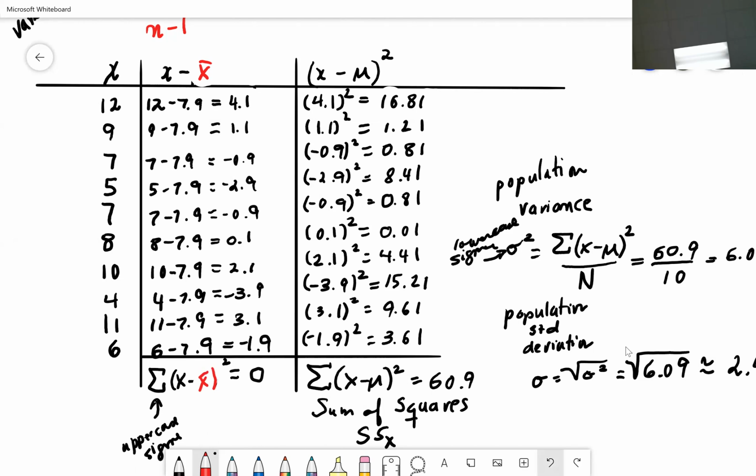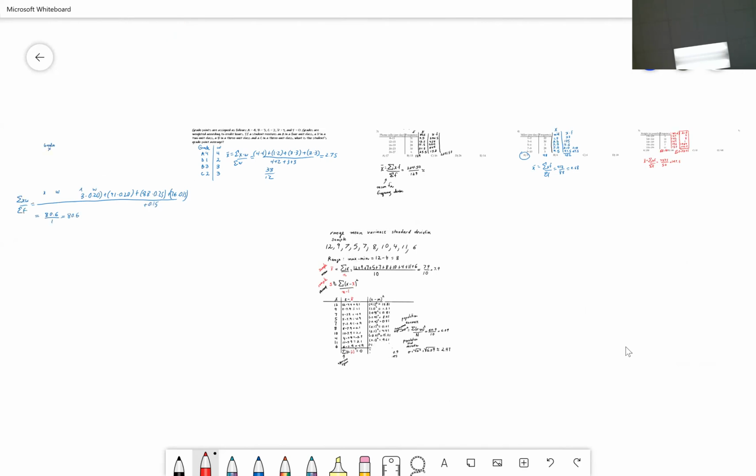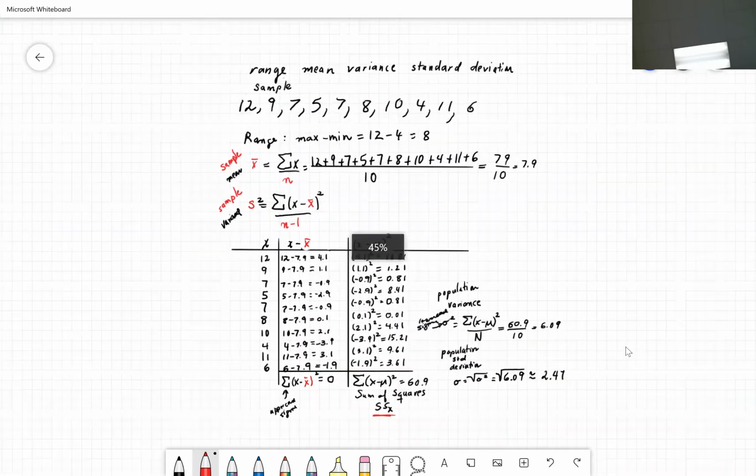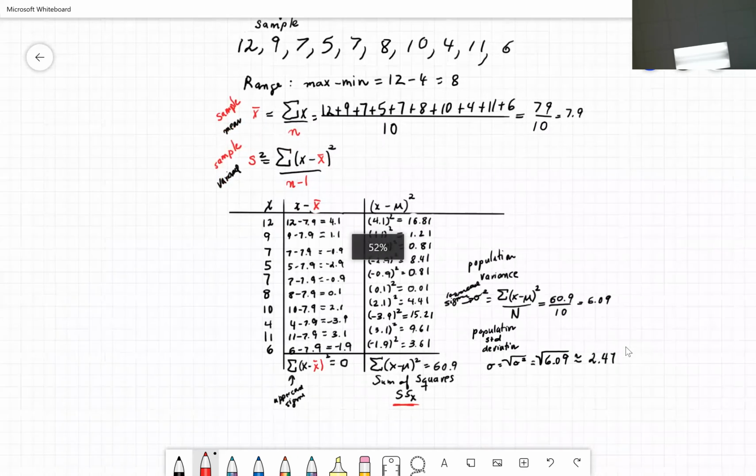When you square the deviations, you get the same numbers. You still get the same sum of squares.